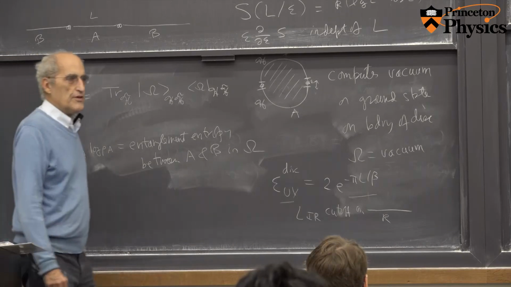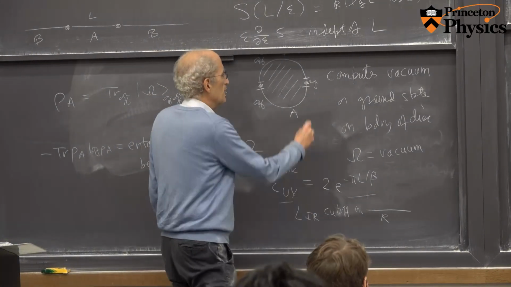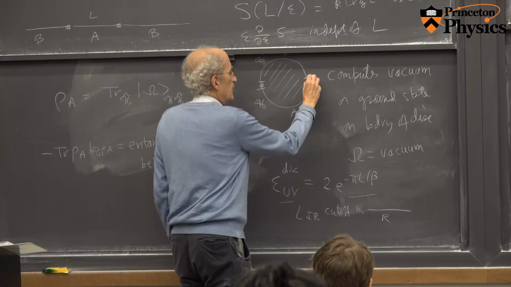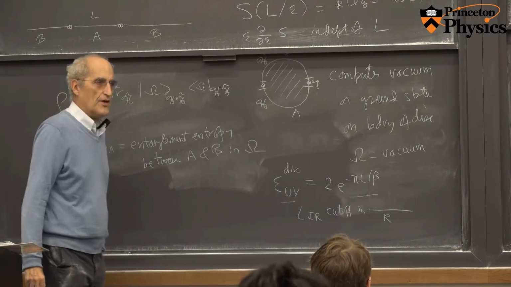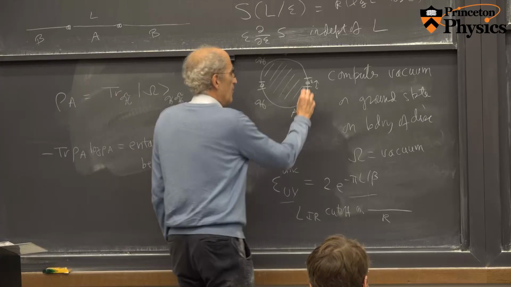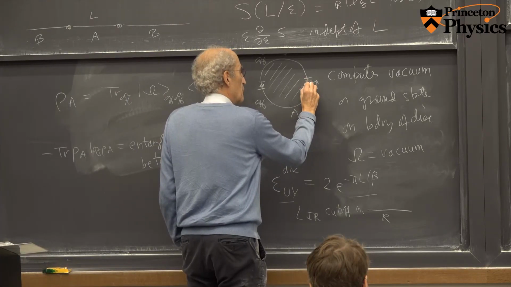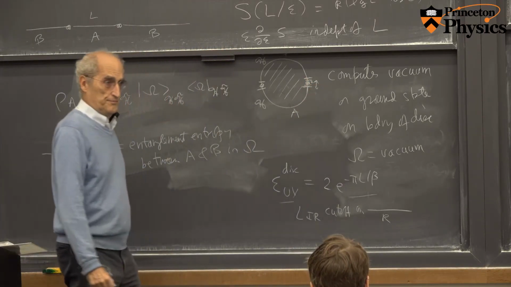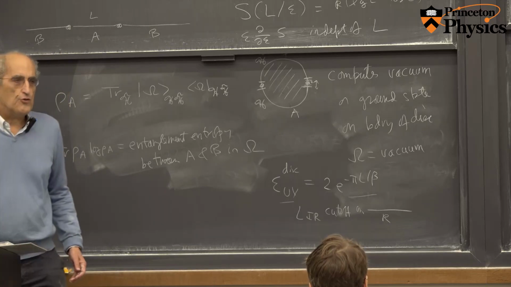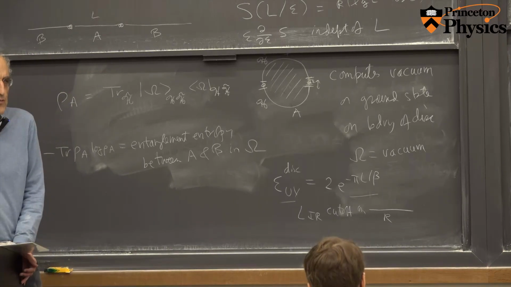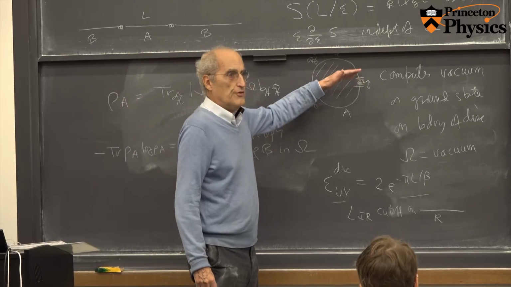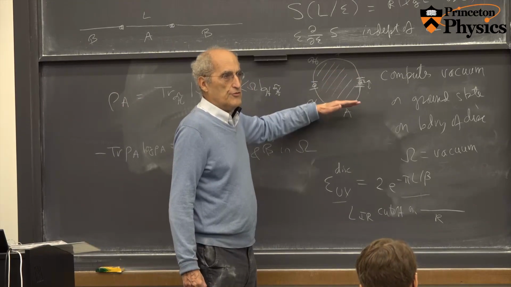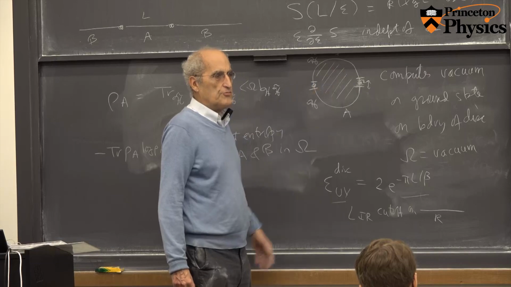So you can think of the infinite entanglement entropy as meaning that a mode at distance epsilon from the boundary is entangled with a mode the same distance on the other side. A mode epsilon over 2 away is entangled with one that's epsilon over 2 away. A mode that's epsilon over 4 away is entangled with one that's epsilon over 4 away, and so on. So the closer and closer you get to the boundary on one side, the closer are the modes on the other side that it's most entangled with.